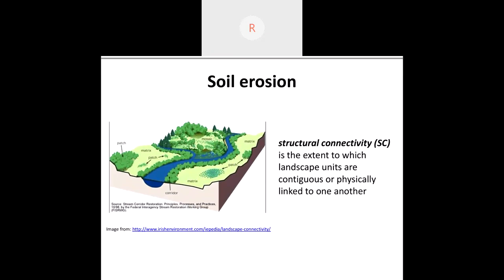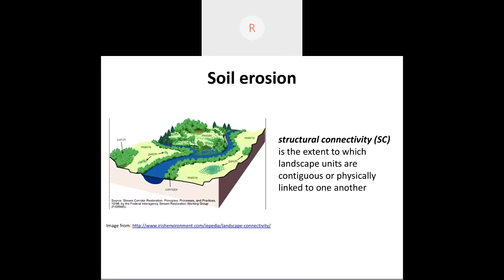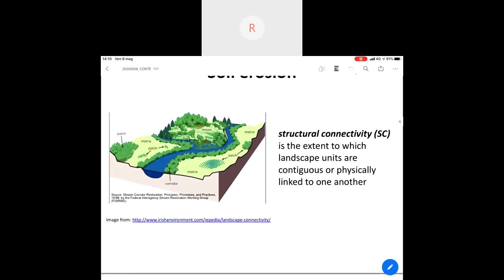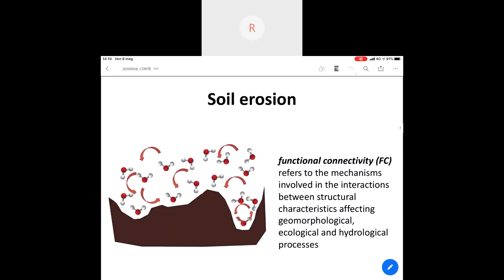One can be indicated as structural connectivity, that is the extent to which landscape units are contiguous or physically linked to one another, which means the physical transport, for example, of water from a point to another. And we can also define the so-called functional connectivity.